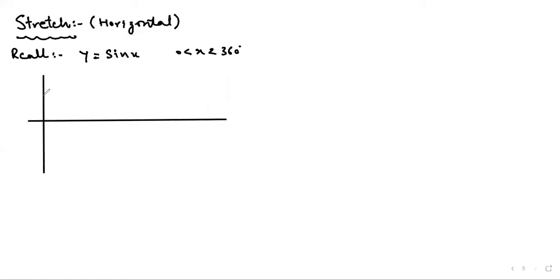We will draw y is equal to sine of x from 0 to 360 degrees. This one is y is equal to sine of x from 0 to 360 degrees.